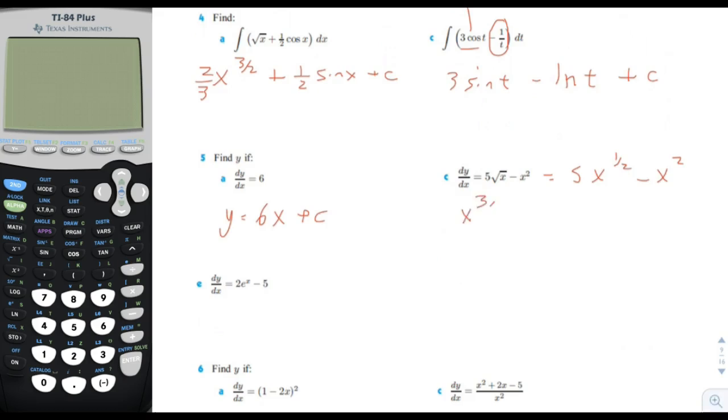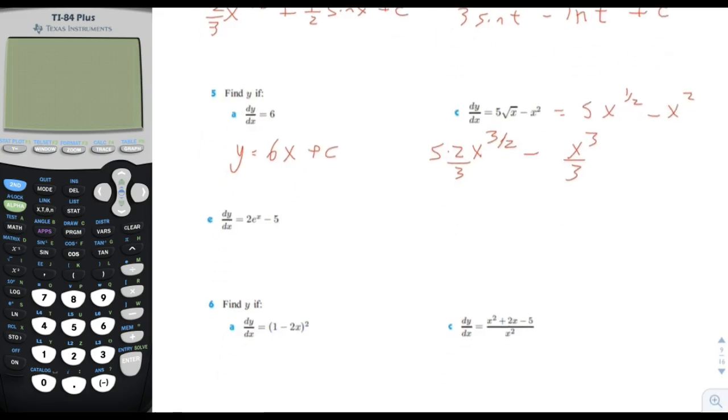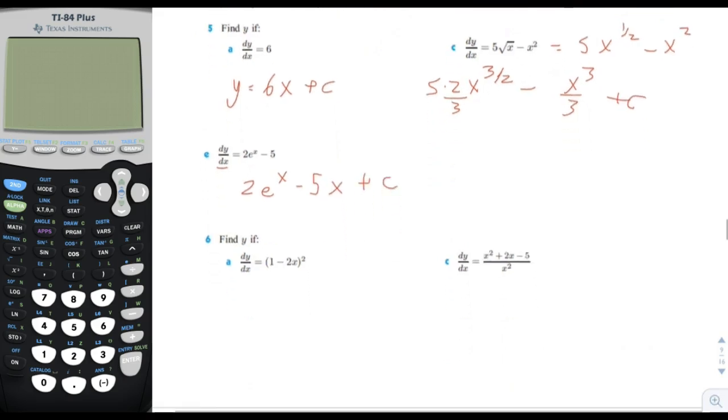So the integral would be, there we go, minus x cubed over 3, plus c. This would be 2e to the x minus 5x plus c.